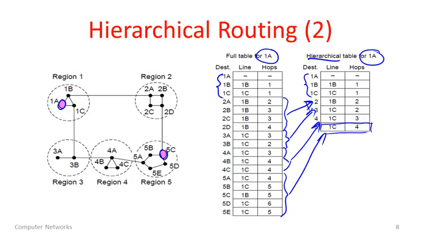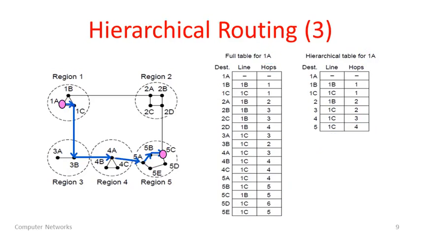It says to get to region 5, go via 1C, and it's going to be 4 hops. So we'll go here. We don't have the table for 1C written down, but the reason we went here, of course, is to go this way. And you can imagine that the path we will take to get to 5C, that's this path. Let me just clean up this figure. Okay, so you can see the path we took to get from 1A to 5C.